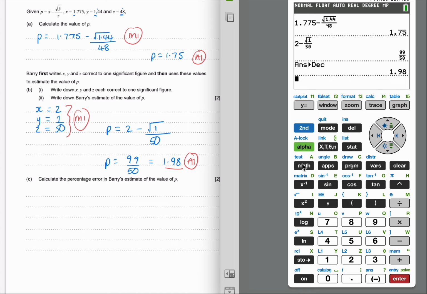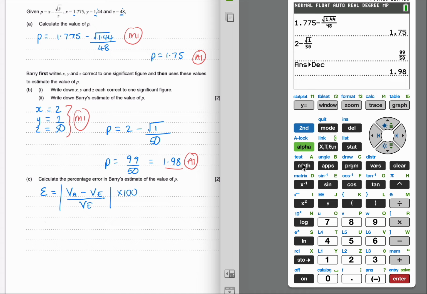So if you look in your formula book, the error is equal to the approximate value minus the exact value, all divided by the exact value, and that's times by 100.